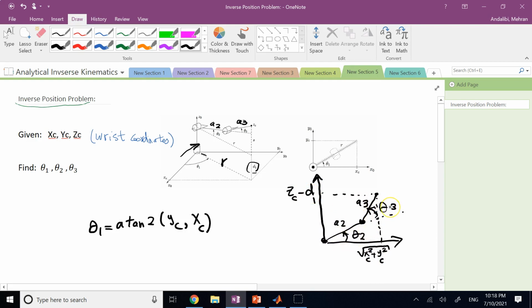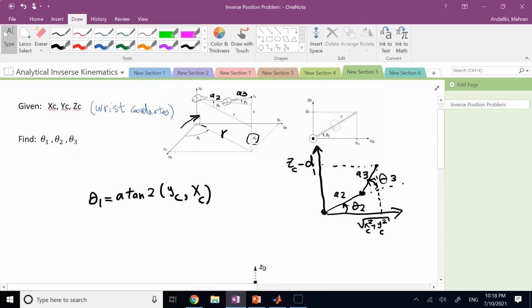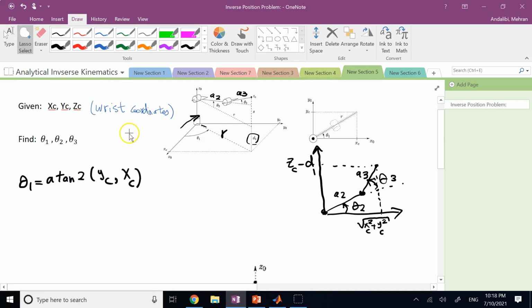You need to find theta 2 and theta 3, and this is exactly similar to the 2D planar arm, right? So if you change some notation, it should not be hard to show that. In this case, let me bring them all in one place. So that was your theta 1.